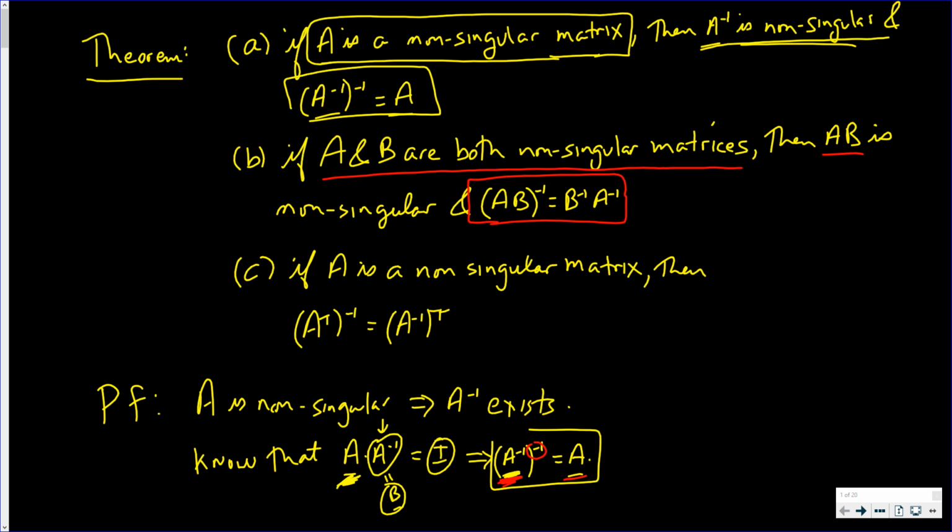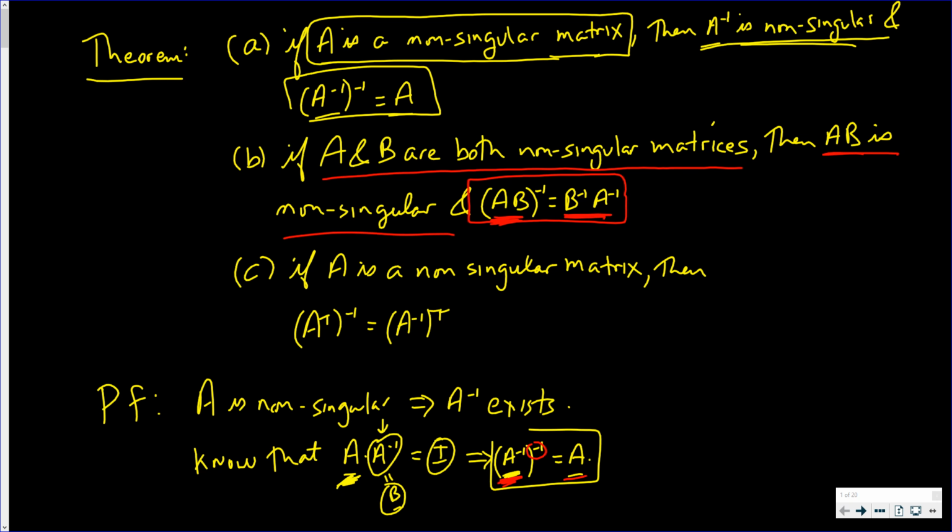If I can show that the inverse of AB is this, that means AB has an inverse, and hence AB is non-singular.